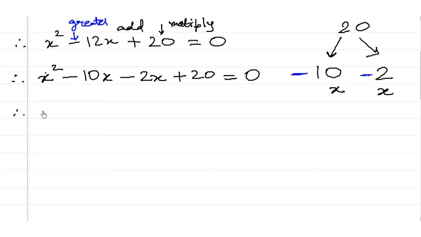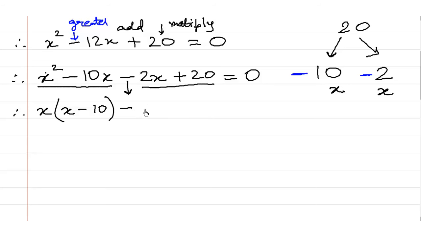Therefore, we can take x common in the first two terms, and we can have x minus 10 common. Now remember, this sign will come down, minus, and both these numbers go in the table of 2. So again 2 common, and we can write the first bracket as it is, x minus 10 is equal to 0.